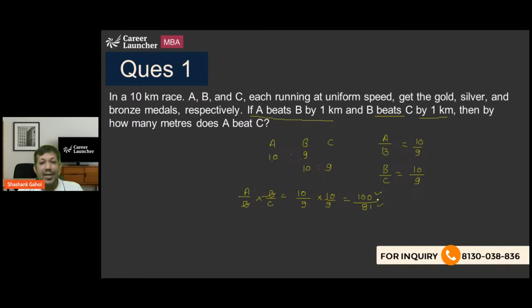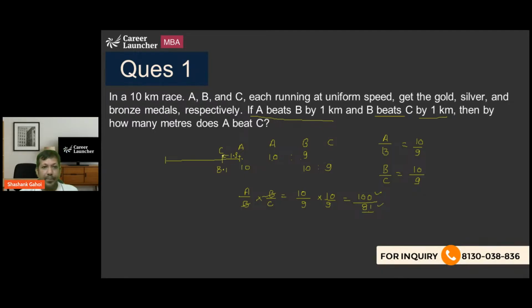It means in the time A travels a distance of 100 kilometers, C travels a distance of 81 kilometers. But instead of the distance being 100, the distance is 10. So in the time A covers a distance of 10, C covers a distance of 8.1. So basically, A beats C by 1.9 kilometers.